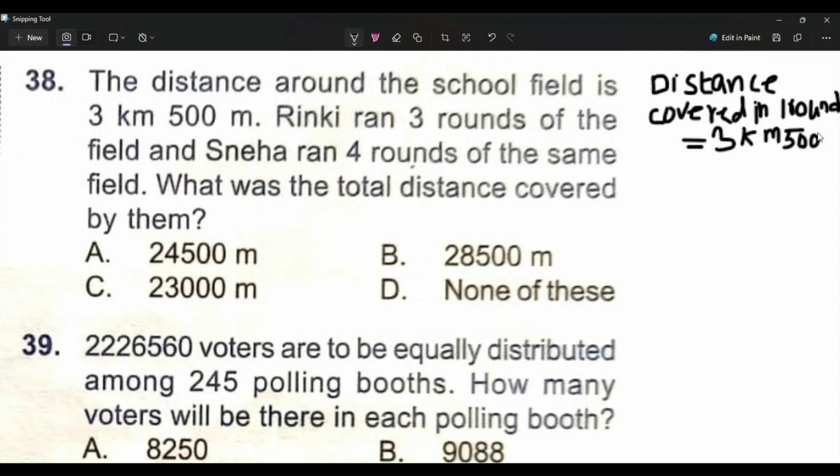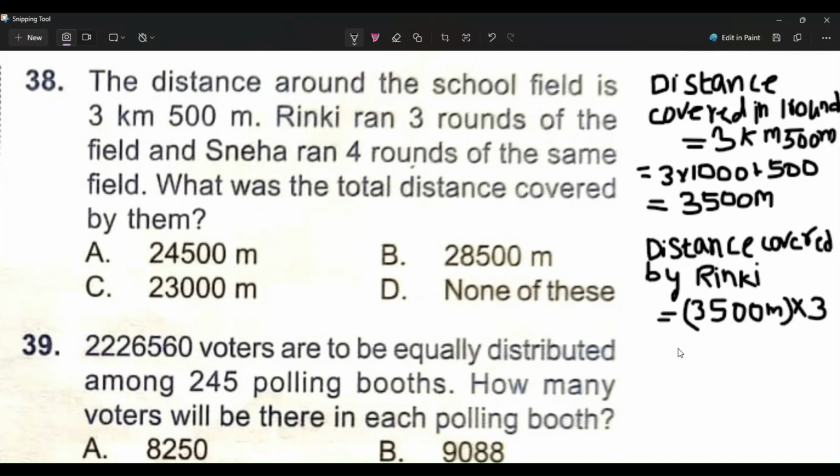So let's convert into meters. 1 kilometer is nothing but 1000 meters plus 500 meters. 3 into 1000 is 3000. 3000 plus 500 is 3500 meters. So the distance around the school field is equal to 3500 meters.